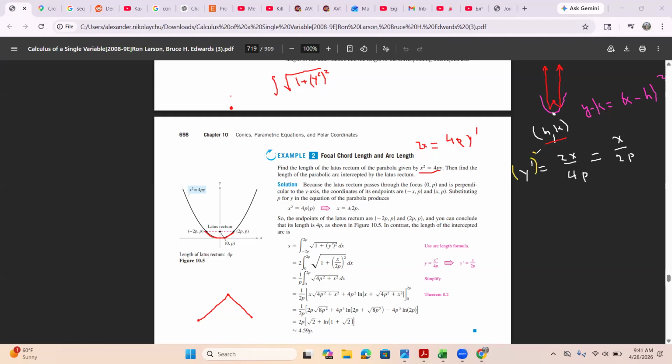So if I square both sides of this now, Alex, why would you square both sides? Not because I feel like squaring, but because this is the actual expression I need. My goal is to put the whole thing into the square root, so we're going to integrate.